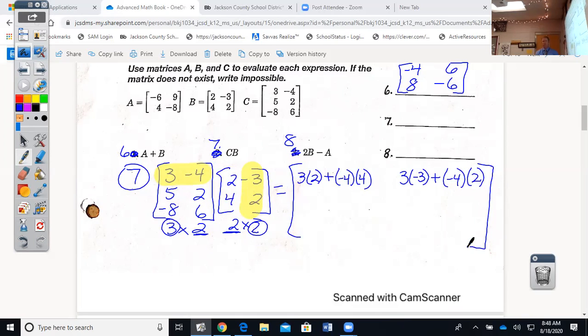Everybody good? And then you do the same thing with the second row. Second row times first column is 5 times 2 plus 2 times 4. And then you do the second row times the second column: 5 times -3 plus 2 times 2.